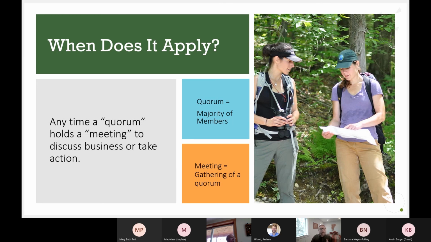The way that a lot of conservation commissions do operate is by specifically tasking subgroups, working groups, to handle individual items in between the monthly meetings. So it would be illegal against the open meeting law to have a majority of members meet outside of the regular meeting.